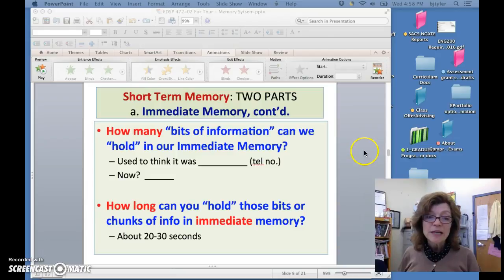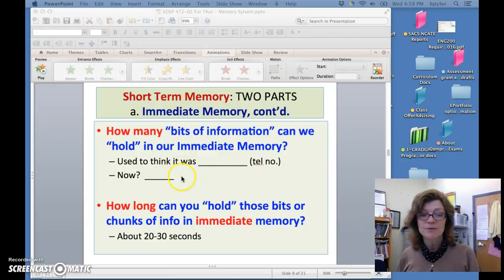How many bits of information can we hold onto in our immediate memory? They used to think it was 7 plus or minus 2, and that's why, for example, telephone numbers are not very long so that we can all remember.